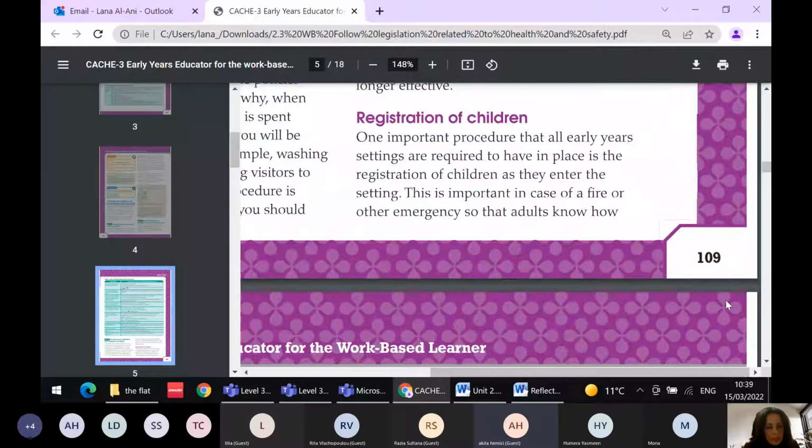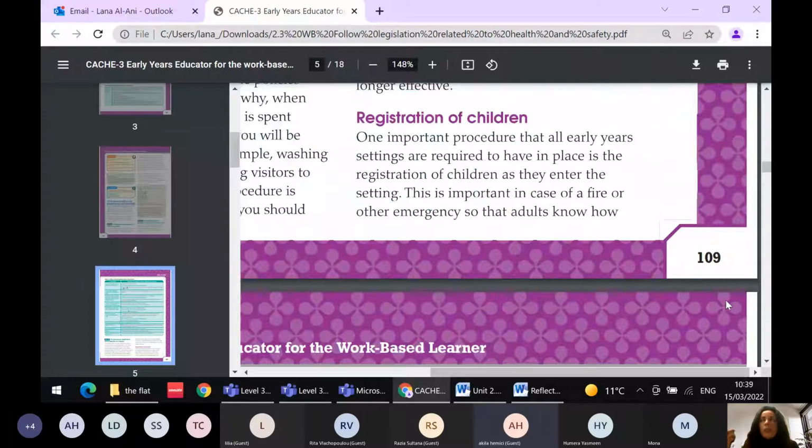So to register the child, it's a very important procedure. All early years settings will require this to be in place to register the children as they enter the setting. It's very important.